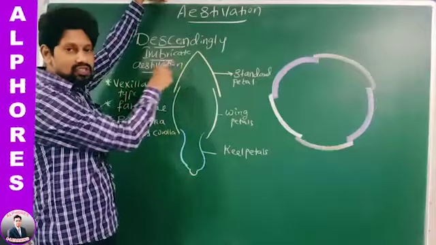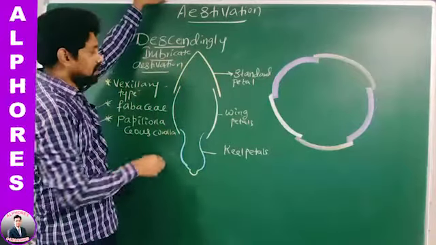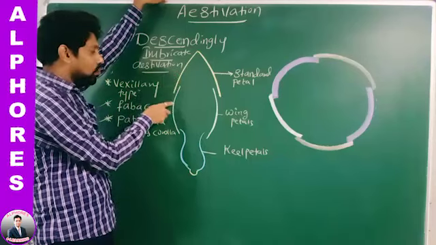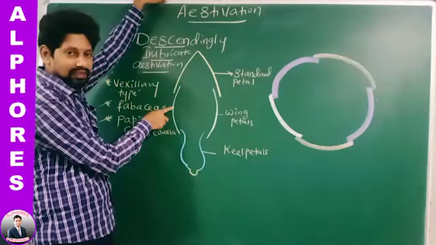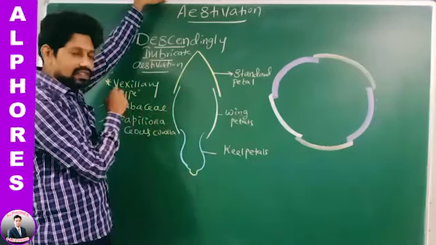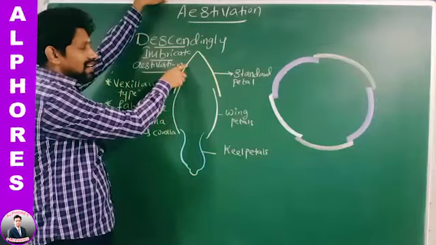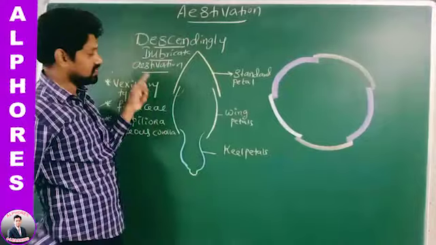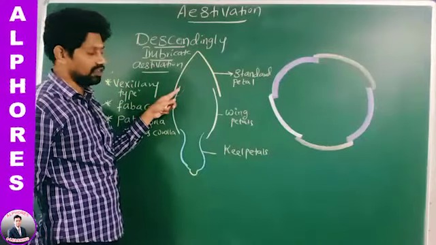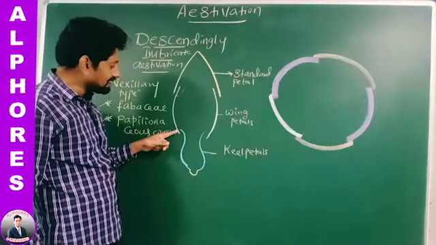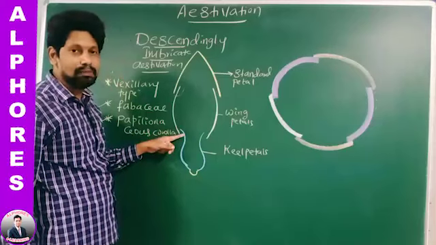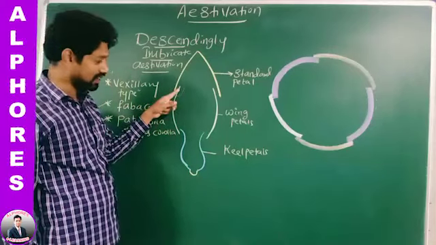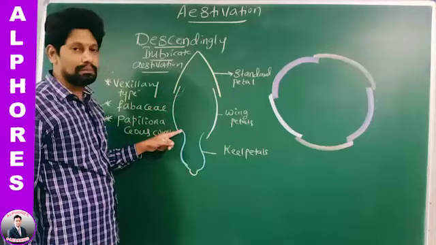Standard petal is posterior. Therefore, see the statement carefully. This posterior petal is overlapping the anterior one. Standard petal is overlapping wing petals. See this diagram once. Wing petals overlap keel petals.